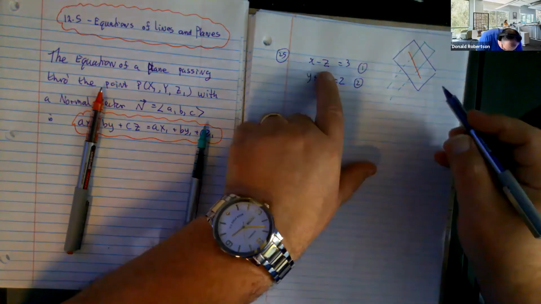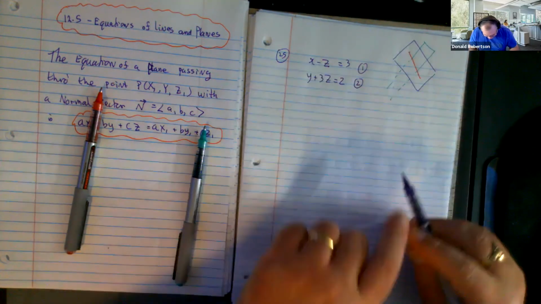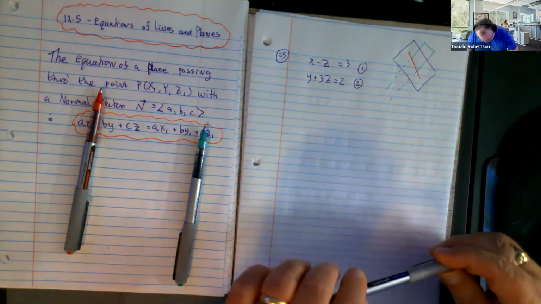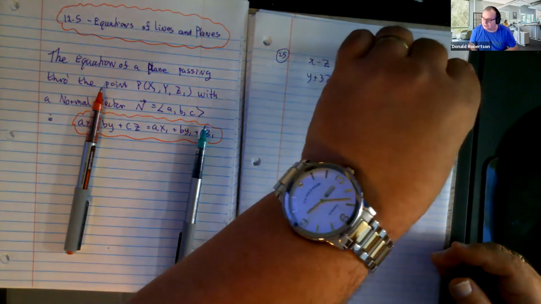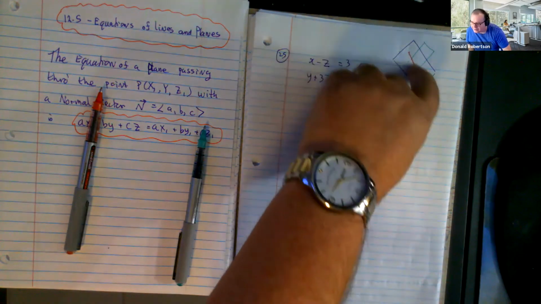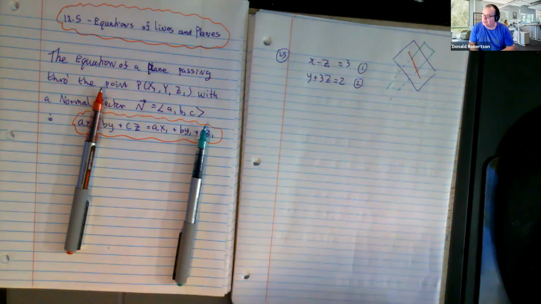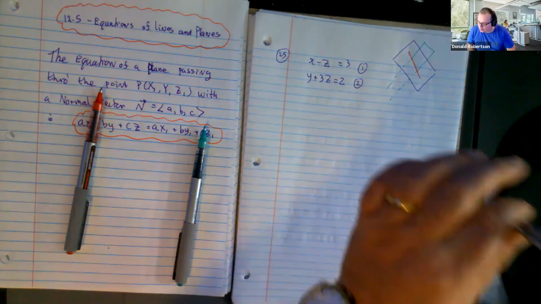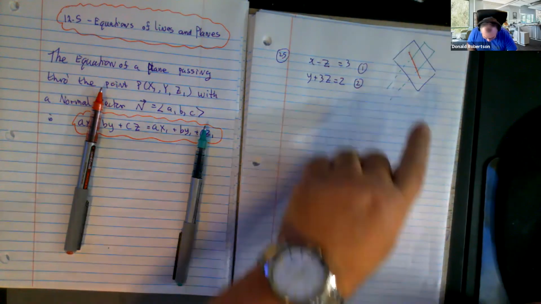If you look at this red line, isn't it perpendicular to the normal of each of those two planes? This red line is in the first plane. If you're a line in the plane, aren't you perpendicular to that normal? But isn't this red line also on the other plane?